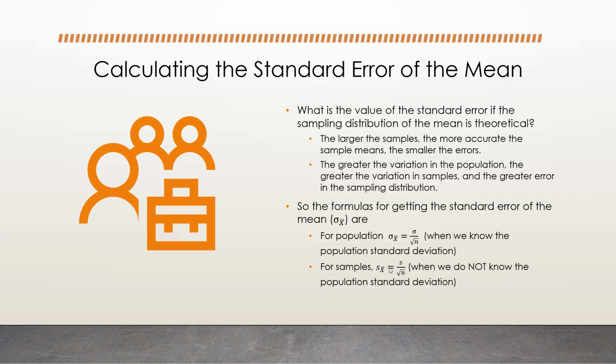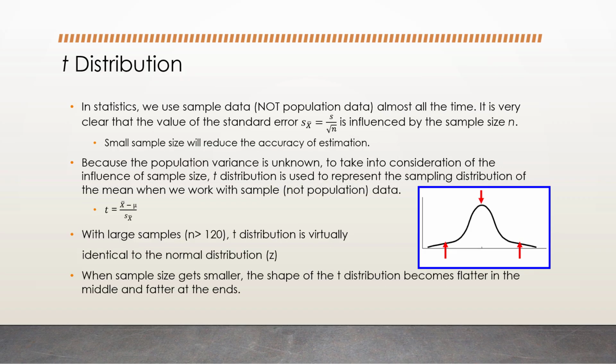Clearly, the value of the standard error is influenced by the sample size n. In addition, we usually don't know the population variance. Because of these two considerations, statisticians use the t-distribution as the sampling distribution of the mean.